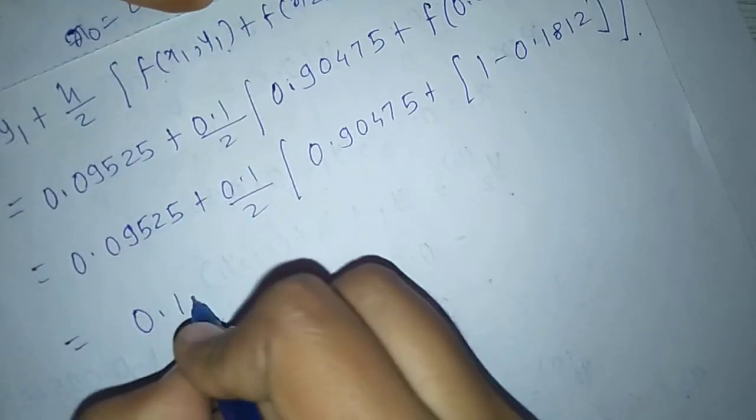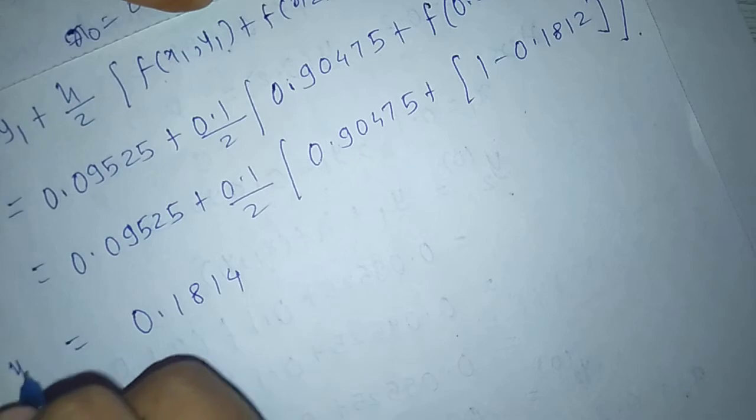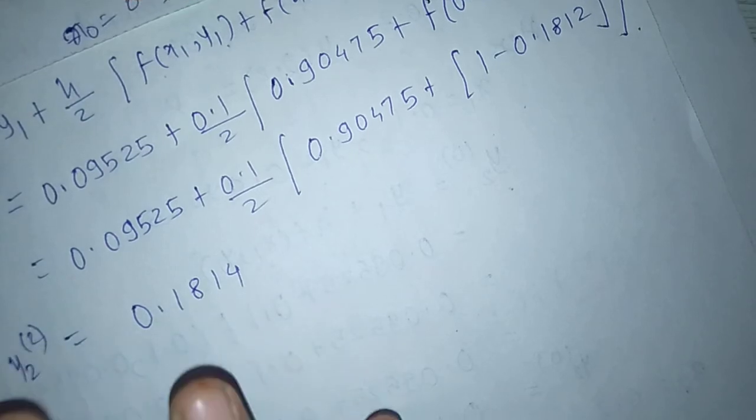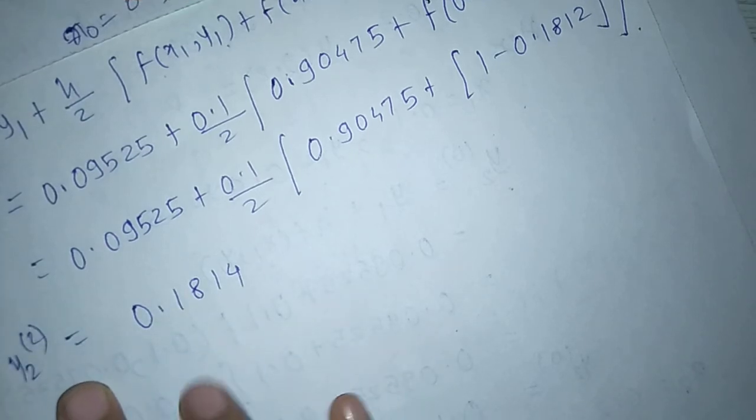After simplification, we get 0.1814. This is the second approximation of y2.